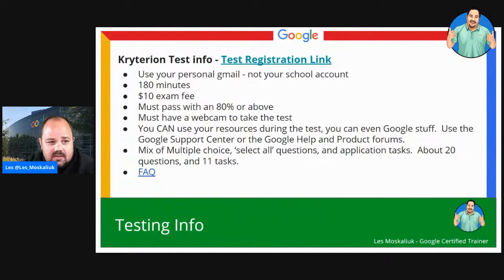So you need to find yourself a nice quiet spot for 3 hours to take the test. The test is $10. It's what I would consider extremely inexpensive for you to have that Google certification badge. When you get that badge, many people are very, very proud to show it off, and Google is proud to see it. So it's one of those that you attach to your email signatures and you show it proudly out there.